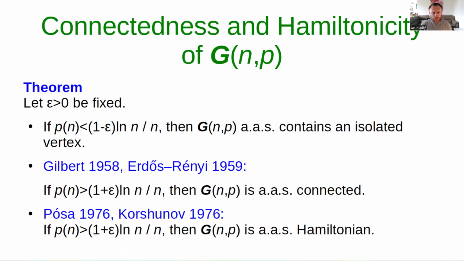Now, I want to give you two theorems about this homogeneous case, and we will see their inhomogeneous counterparts later. So these theorems establish the threshold for AAS, so that's asymptotic almost sure connectivity and Hamiltonicity in G(n,p).